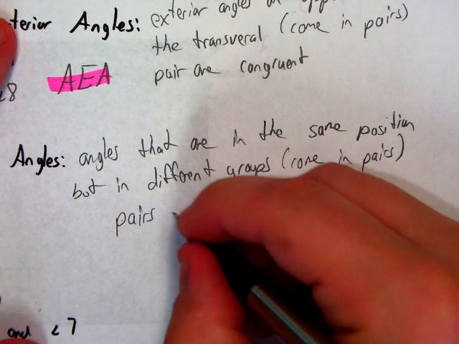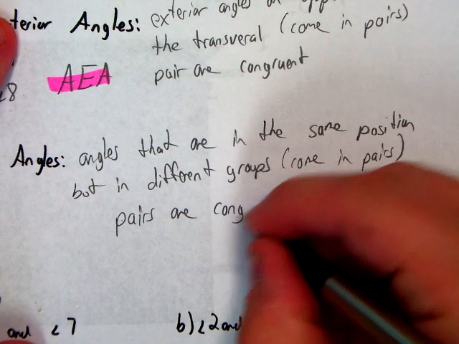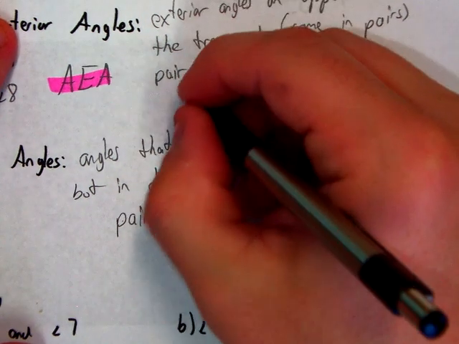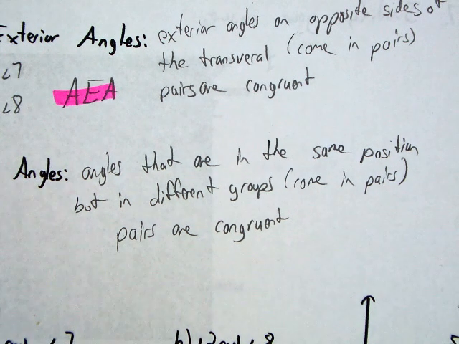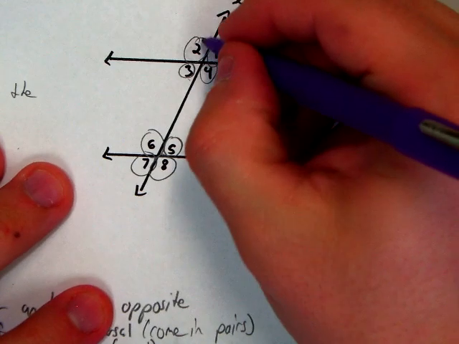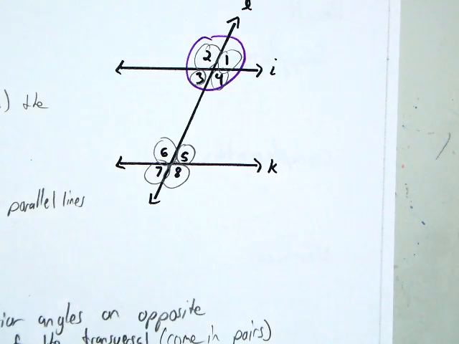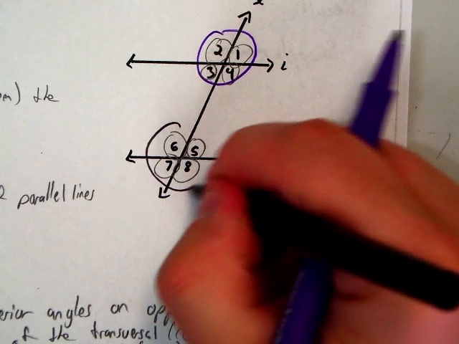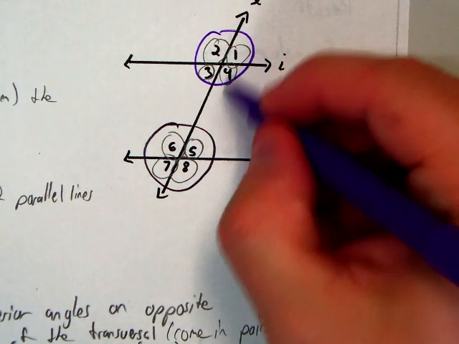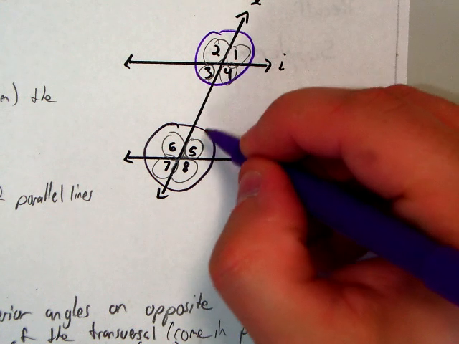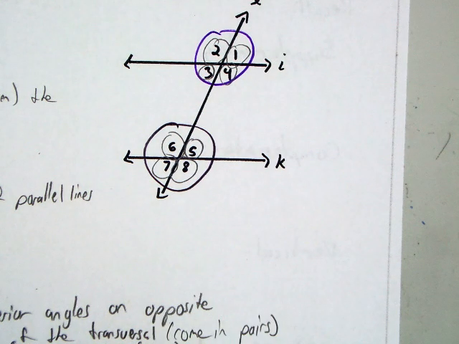And these pairs are congruent. So, for example, we're going to look at purple here now for a color. This is one group. This is another group. 1 and 5 are in the exact same position. So 1 and 5 are corresponding angles.